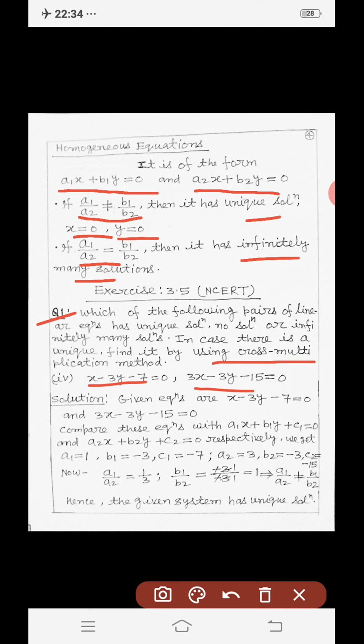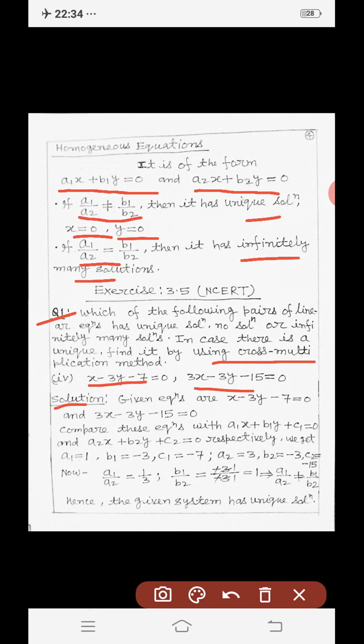To find the solution, we have the given equations x - 3y - 7 = 0 and 3x - 3y - 15 = 0.